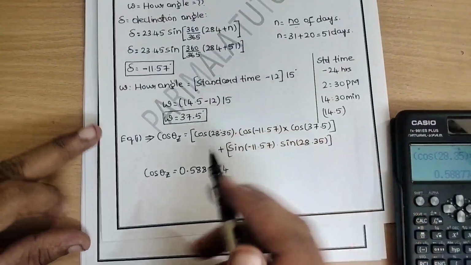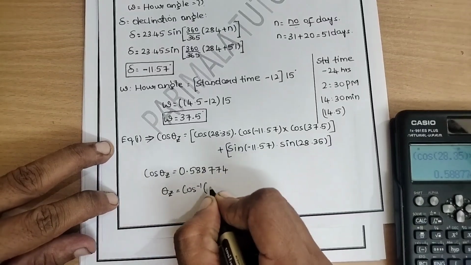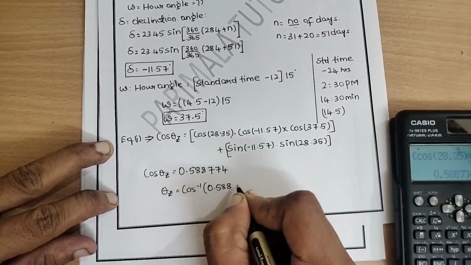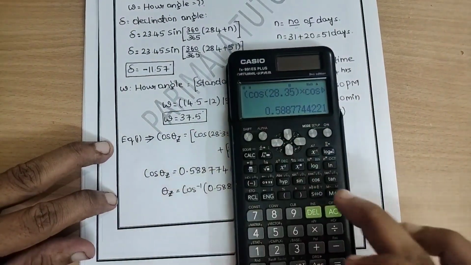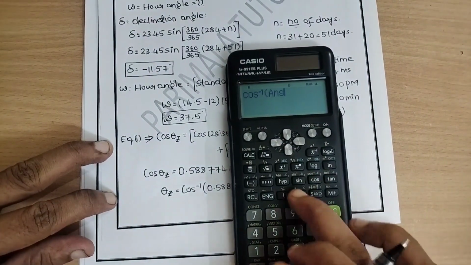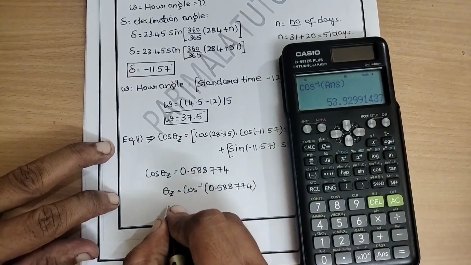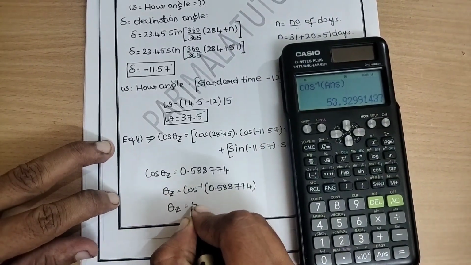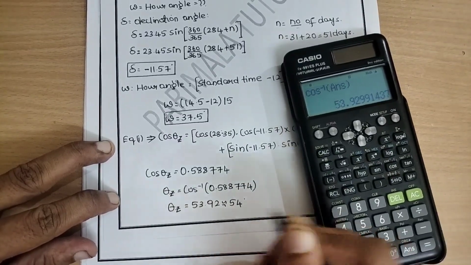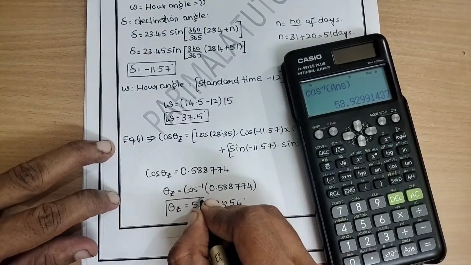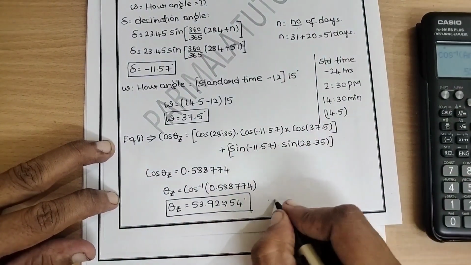So theta z is equal to cos inverse of 0.588774, which is equal to 53.9 degrees. Therefore theta z is 53.92, approximately 54 degrees. Let us round off the value. This is the value of the zenith angle.